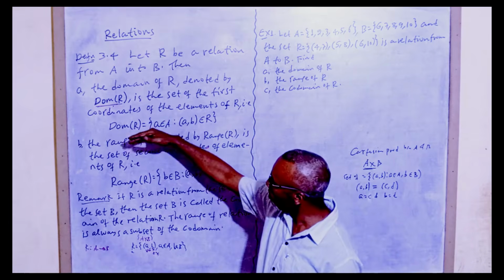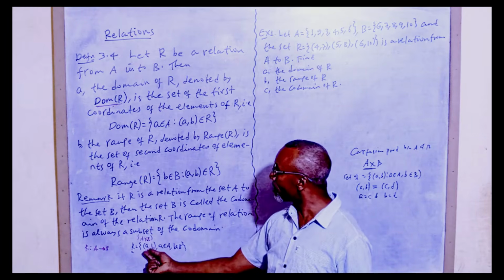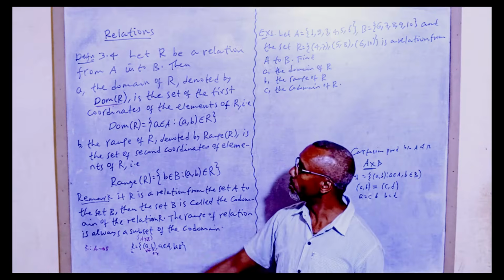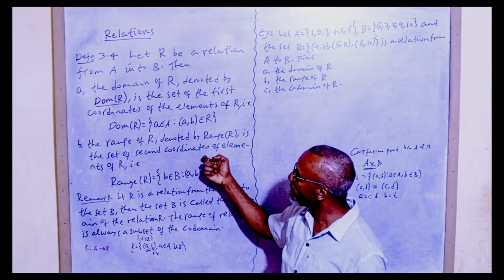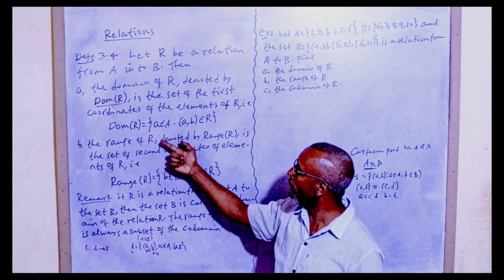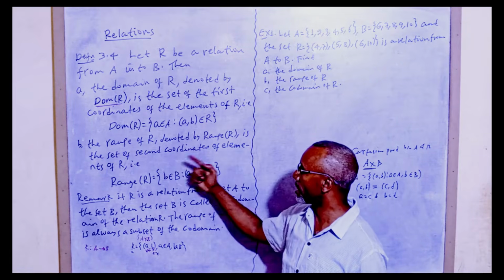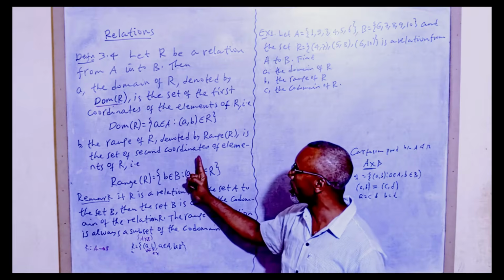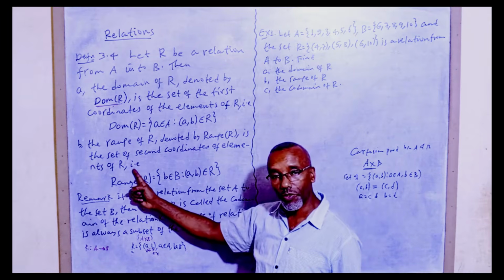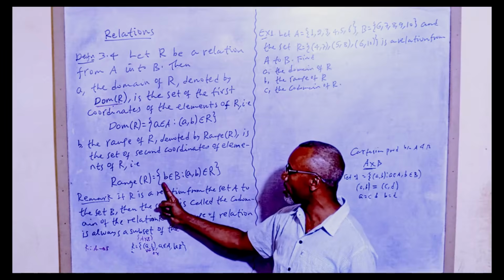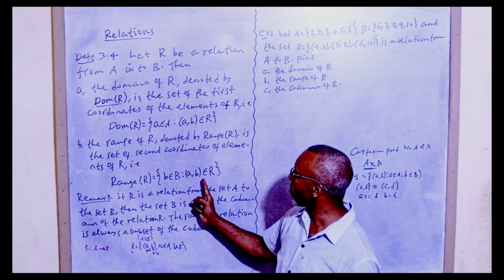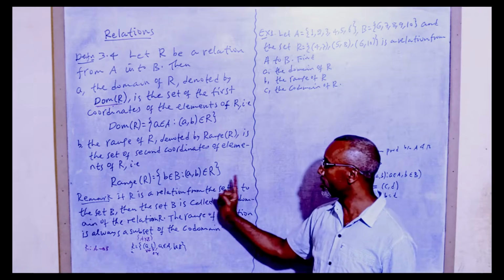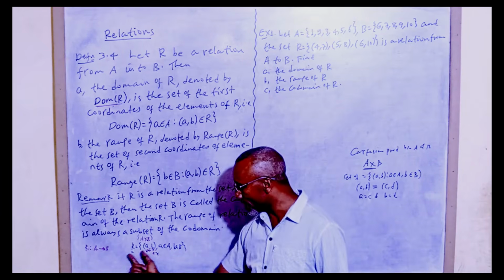The second coordinates of this relation can be taken as the range of R, denoted by range R, is the set of the second coordinates of the elements of R. That is, range of R ማለት ነው the set containing b, an element of B, such that (a, b) is an element of the relation R.